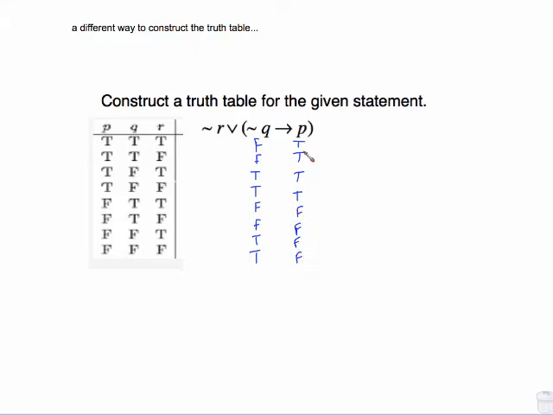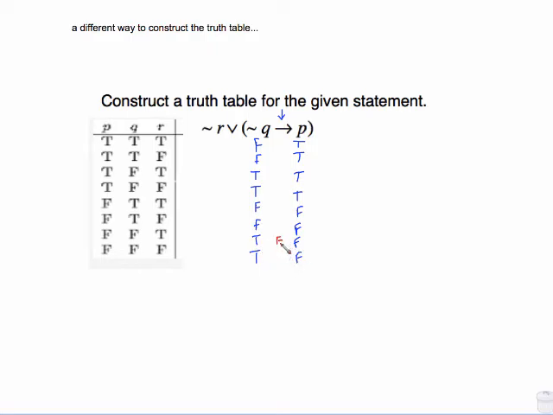Order of operations tells me to do what's inside the parentheses first, which is what I'm getting ready to do. I'm going to do these two blue columns using the conditional rule. The conditional is false when the premise is true and the conclusion is false. So look for any time you have T followed by F. The two places I have T followed by F are right down here.